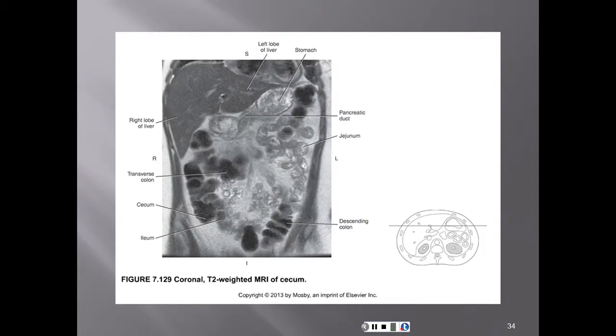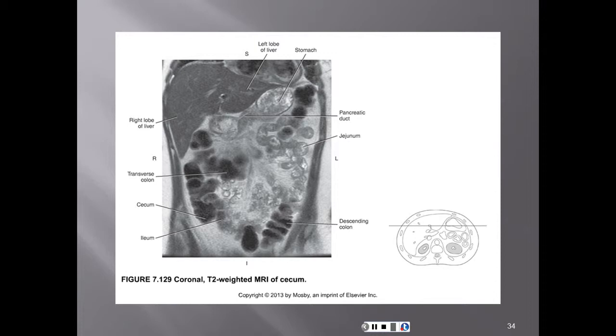Coronal T2 weighted MRI of the cecum, page 463. And what's important here is the ascending colon is retroperitoneal and commences at the cecum, ascending the right lateral wall of the abdomen to the level of the liver. It then curves sharply to the left, creating the hepatic flexure.